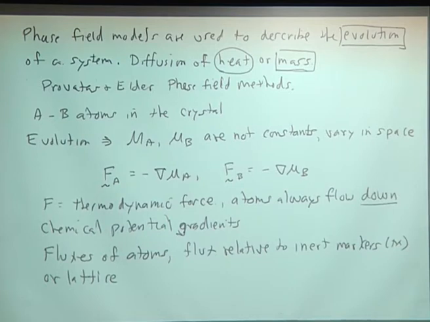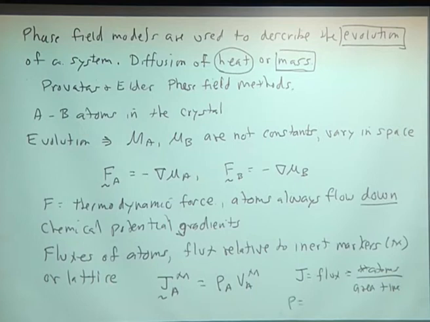That'll become important in a second. So you have a certain flux of atoms. The flux is the number of atoms per unit area per unit time. You have a density of atoms, and you have the velocity of the atoms themselves, measured in this marker frame. So J is a flux, which is equal to the number of atoms per unit area per unit time.